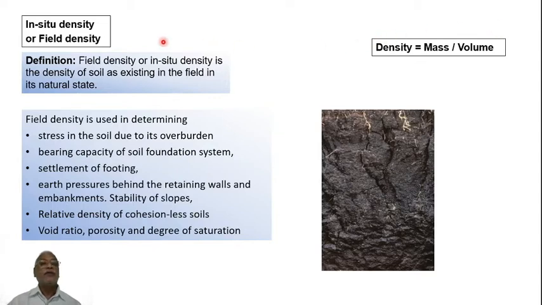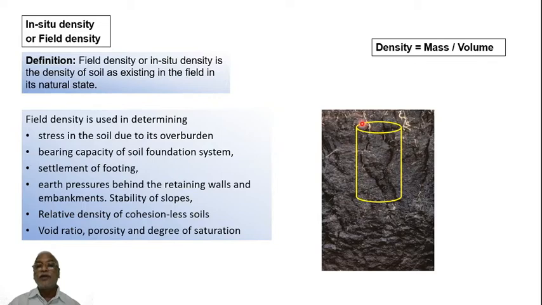Now what is meant by field density or in situ density of soil? Field density is the density of the soil as existing in the field in its natural state. If this is a section of soil and I want its density, for example I'll take a cylinder out of it.